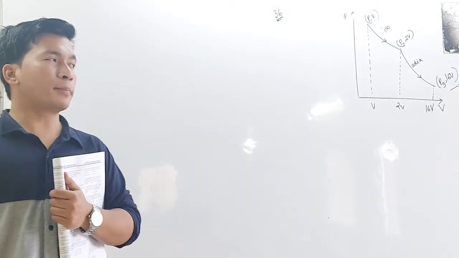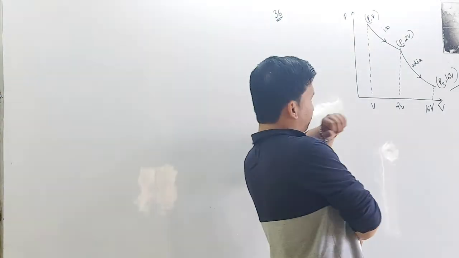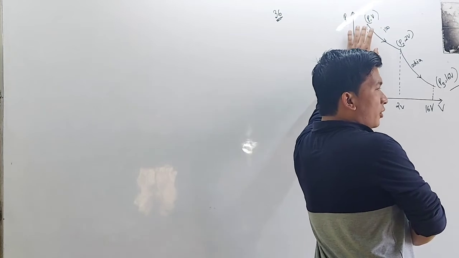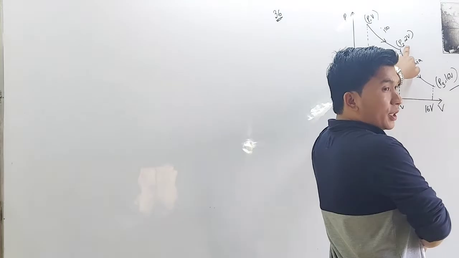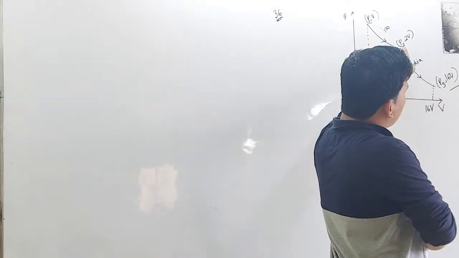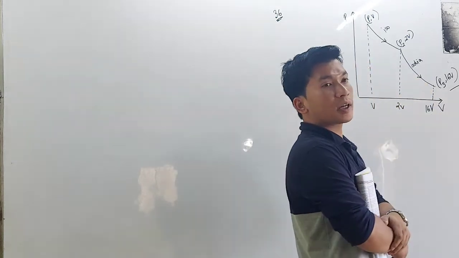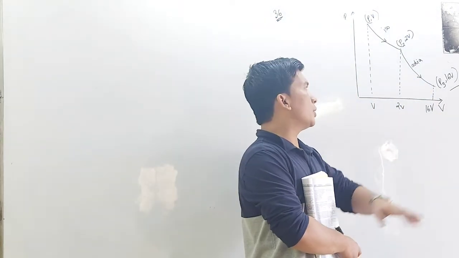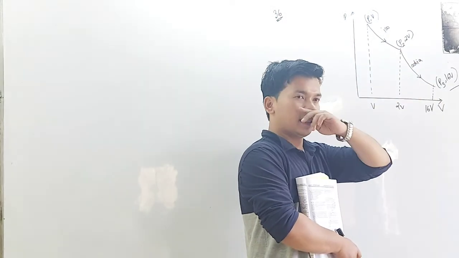We have an isothermal process, isothermal expansion. The volume is expanded slowly. Next, the second process from 2V to 16V is an adiabatic expansion. So do we know the pressure P2? Do we know the pressure P3?